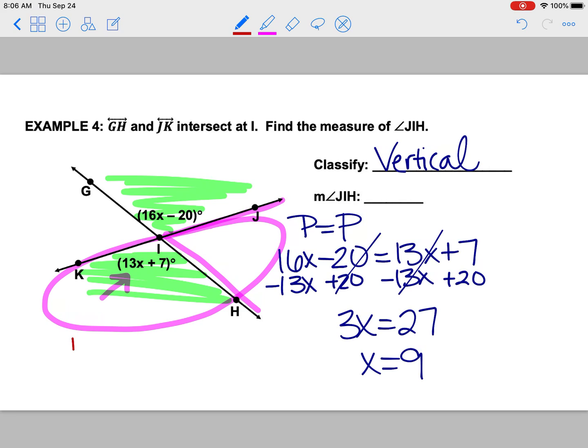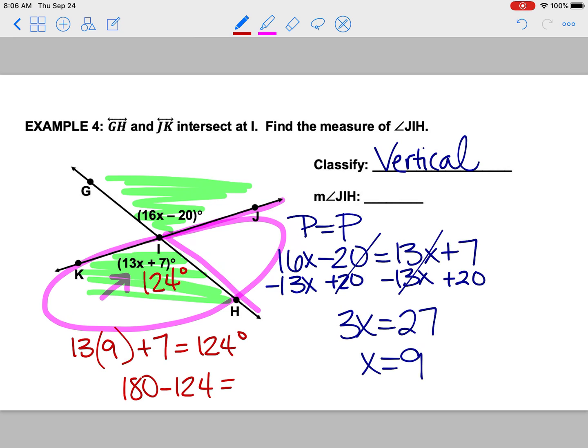So if we plug this in and say 13 times 9 plus 7, that's going to equal 124 degrees. So we know this angle is 124. And again, we said those two circled add up to 180 because they're a linear pair. So just take the 124 away from the 180, and that leaves you with 56 degrees. So always pay attention to what angle it's asking for. Use your highlighter tools to your advantage here.